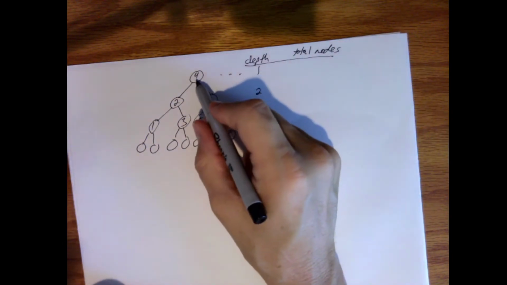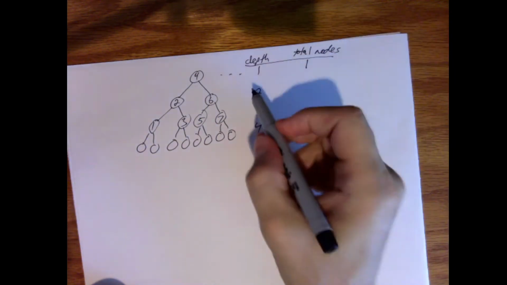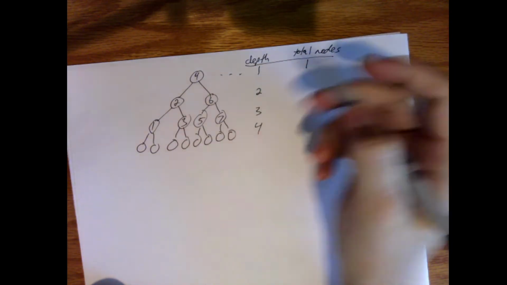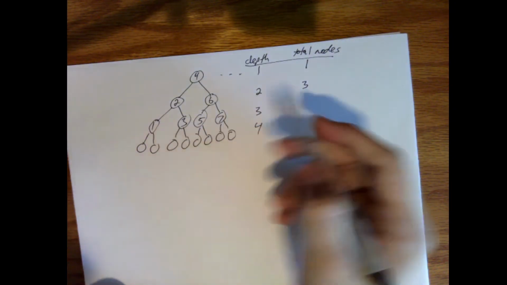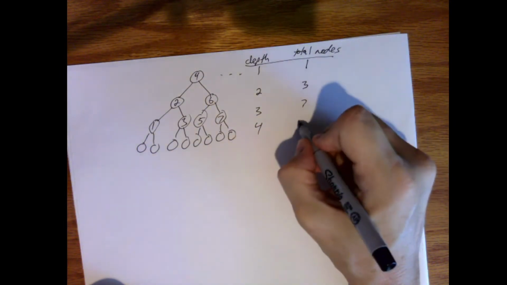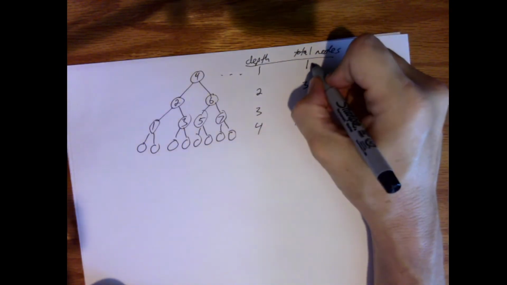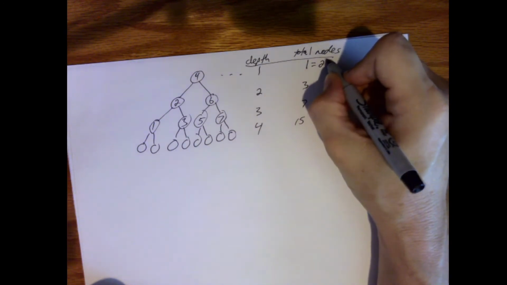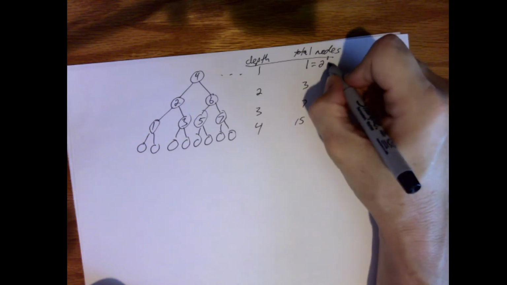Well, at this point, if we stop here, we only have 1. If we come down a level, then we have 1, 2, 3. If we add an additional level, that's 4 more, so 4 and 3 is 7. Here's 8 more, 8 and 7 is 15. What's the relationship here? Well, this right here is equal to 2 to the depth, minus 1.